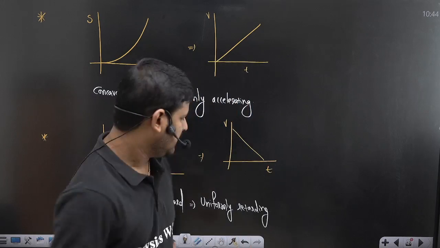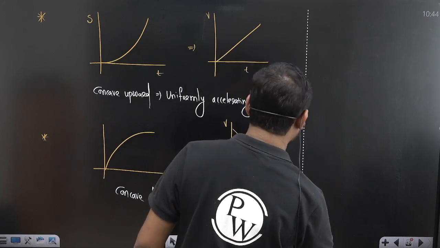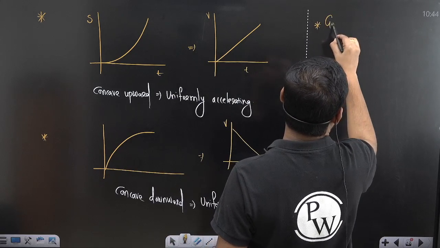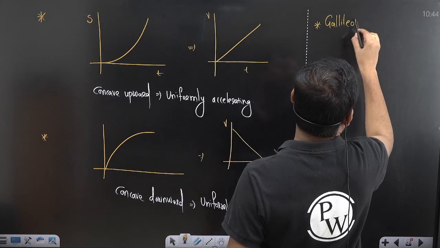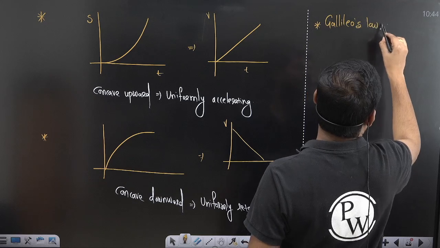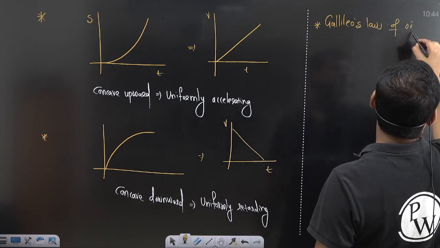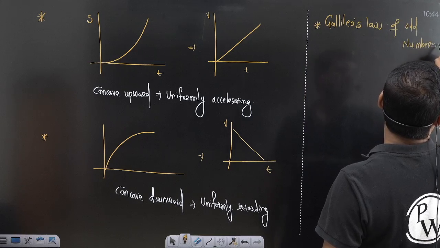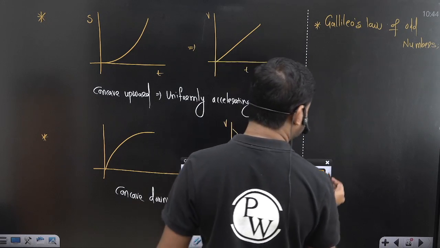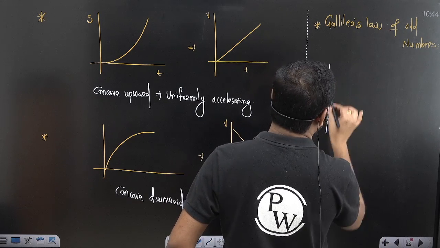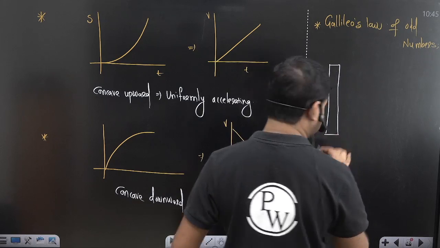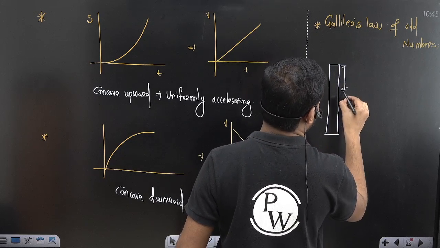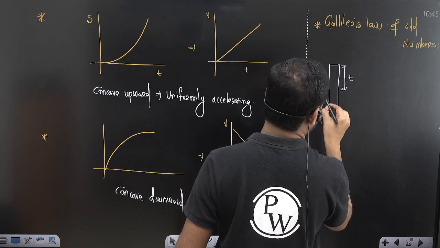And at the end, that is Galileo's law of odd numbers, which we have just seen. So what is Galileo's law of odd numbers? If a freely falling body covers some distances in regular intervals of time, let's suppose in the time t it covers distance s1.